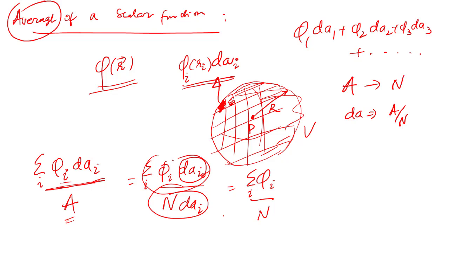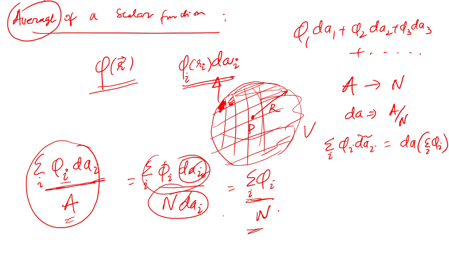But here, if all the dAs are the same, then I can write this sum over i of phi i dAi as dA times the sum over i of phi i, right? I'm pulling the dA out. So that dA can cancel here and I get the sum of phi i over n. So basically I am getting the total average of the function.